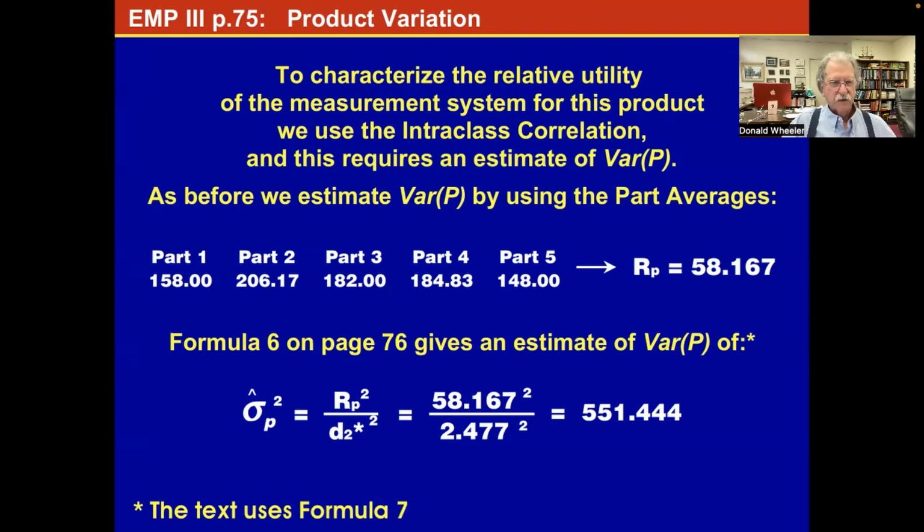So sigma P hat squared would be the range, 58.167 squared, over d2 star squared. d2 star for one group of size 5 is 2.477. And we'll square it. The result is 551.